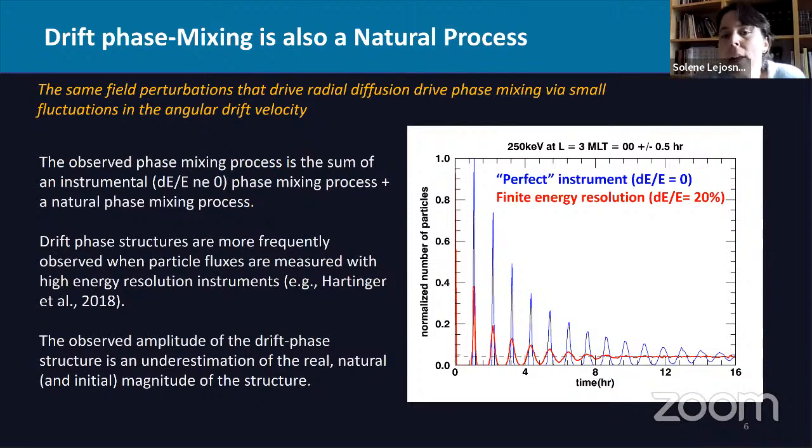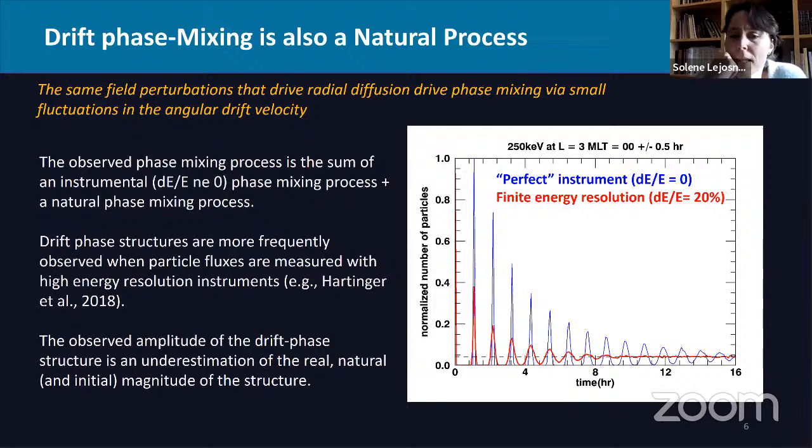It's in blue, and it's taking a lot of time. After 16 hours, it's still not dissipated. We still have a magnetic local time dependence. Whereas with a finite energy resolution for the instrument, the dissipation is faster, that's in red. And you see that we reach a homogeneous distribution function after about 10 hours.